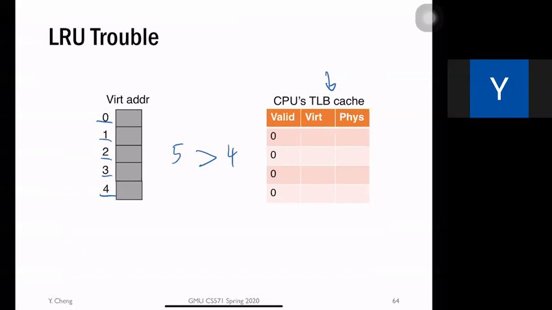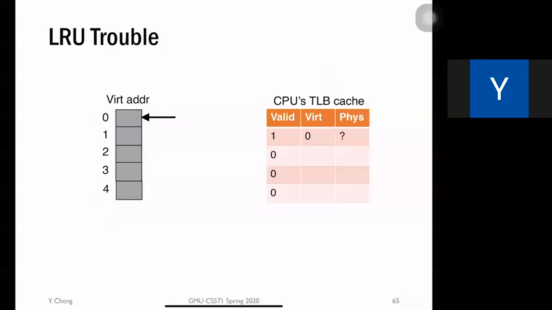Okay, so these are the preconditions, the assumptions of this TLB trouble situation. So let's assume at some point in time, there's a virtual memory access that hits some random byte within the very first virtual page, which is virtual page 0.